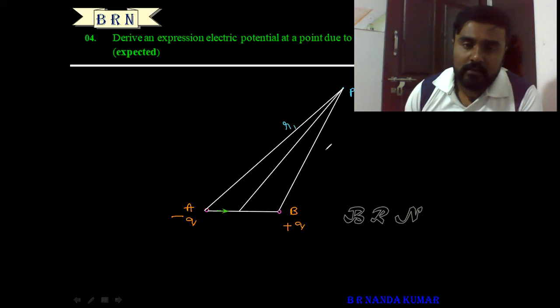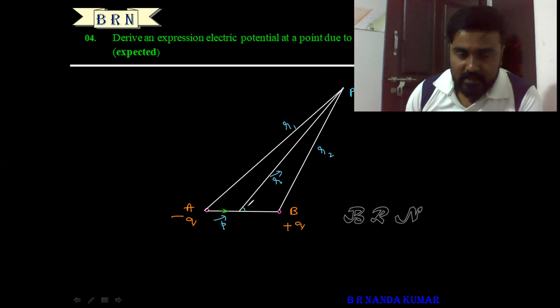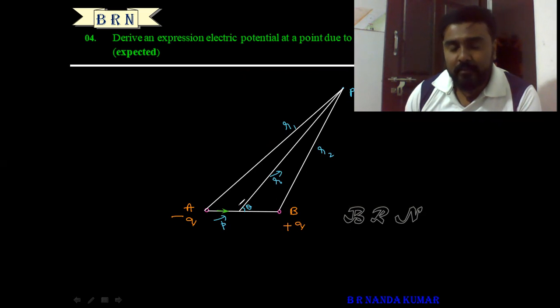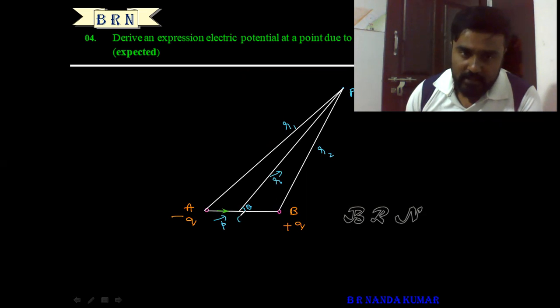This is R1, this is R2, and this is the position vector of the observation point. This is the electric dipole moment vector, and theta is the angle made by the position vector of the observation point and the dipole moment vector. The point P lies far away from the center of the electric dipole. Now this angle is also considered as theta.